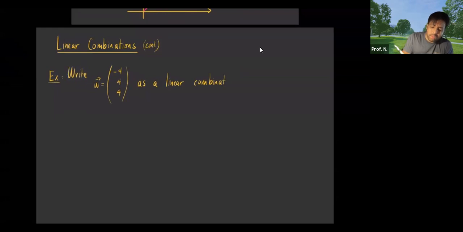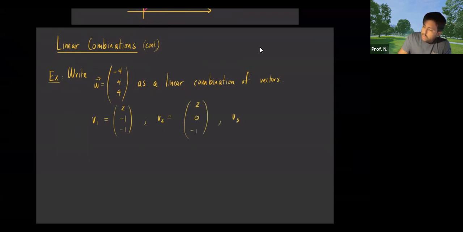Let W be the vector negative 4, 4, 4, as a linear combination of vectors. We'll call it V1. V1 is 2, negative 1, negative 1. V2 is 2, 0, negative 1. And V3 is 1, 0, negative 1.